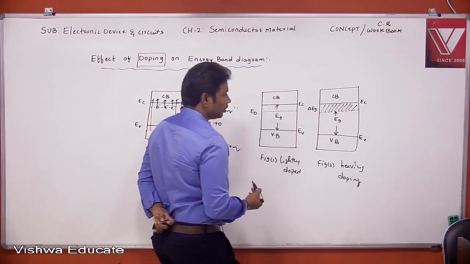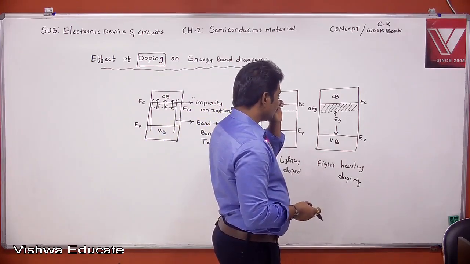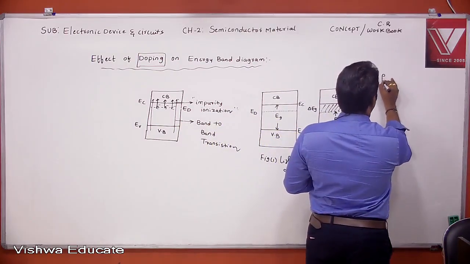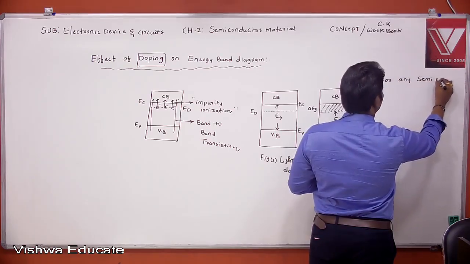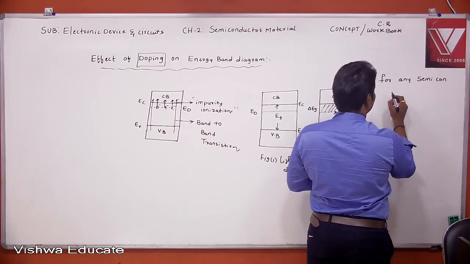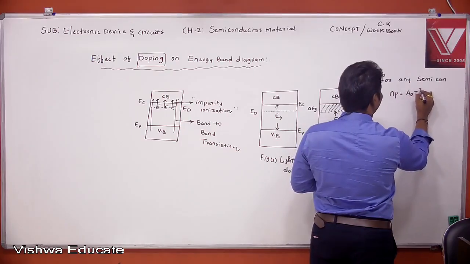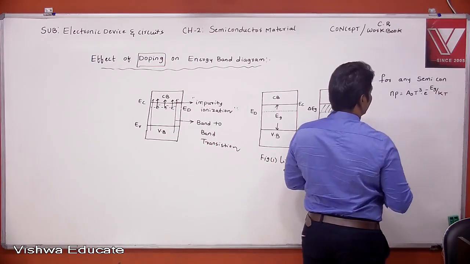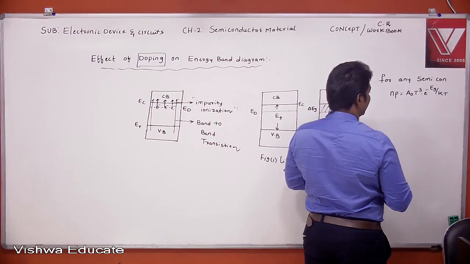Because of heavy doping, what happens to the concentration? See how to calculate the concentration. For any semiconductor, what is the relation between electron concentration and hole concentration? np equal to A0 T cubed e power minus Eg by kT. This is for any semiconductor, intrinsic or extrinsic.